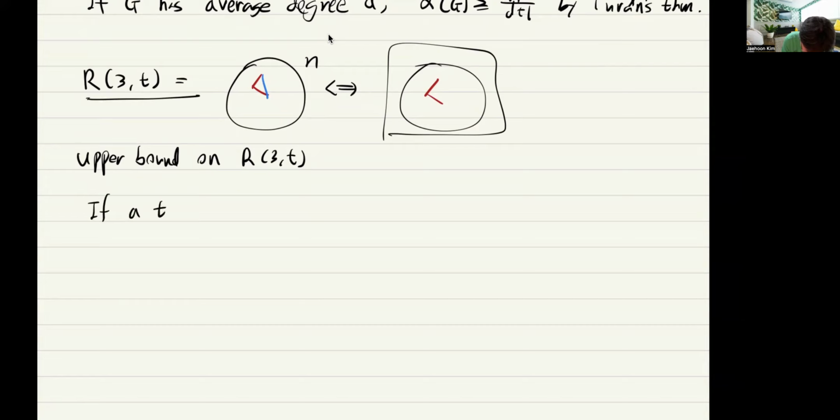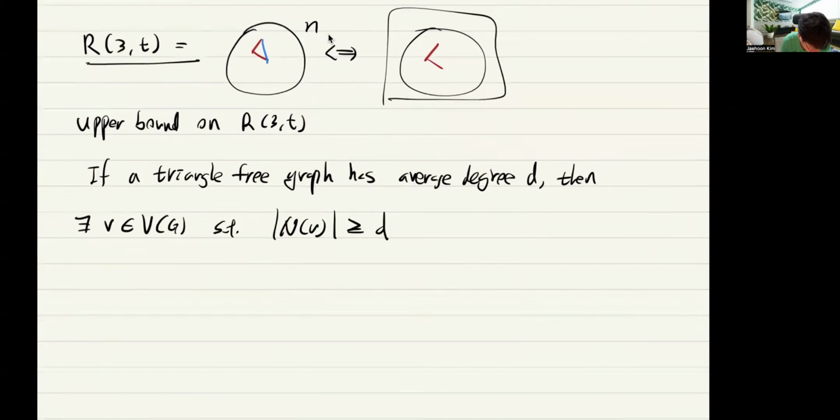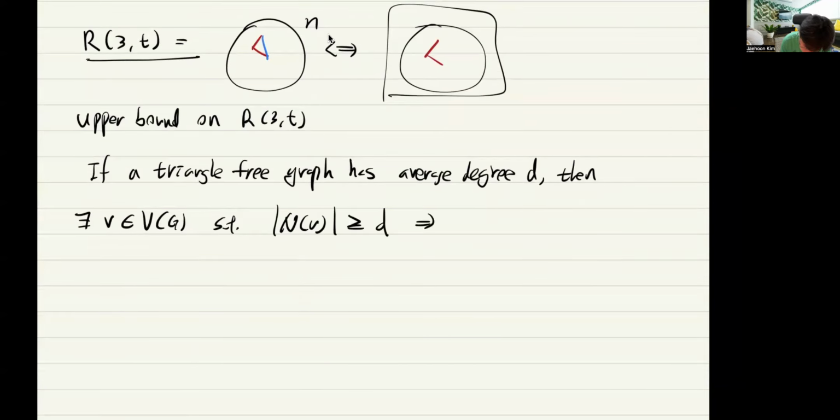If this triangle-free graph has average degree t, then there exists a vertex whose neighborhood has at least t vertices. This is a triangle-free graph, so this vertex's neighborhood does not contain any edges. So this is an independent set of size t.